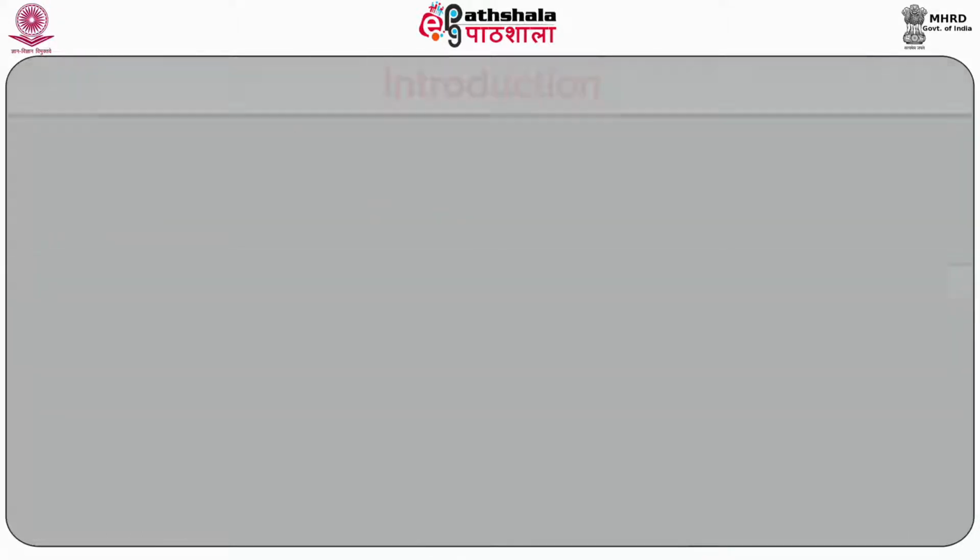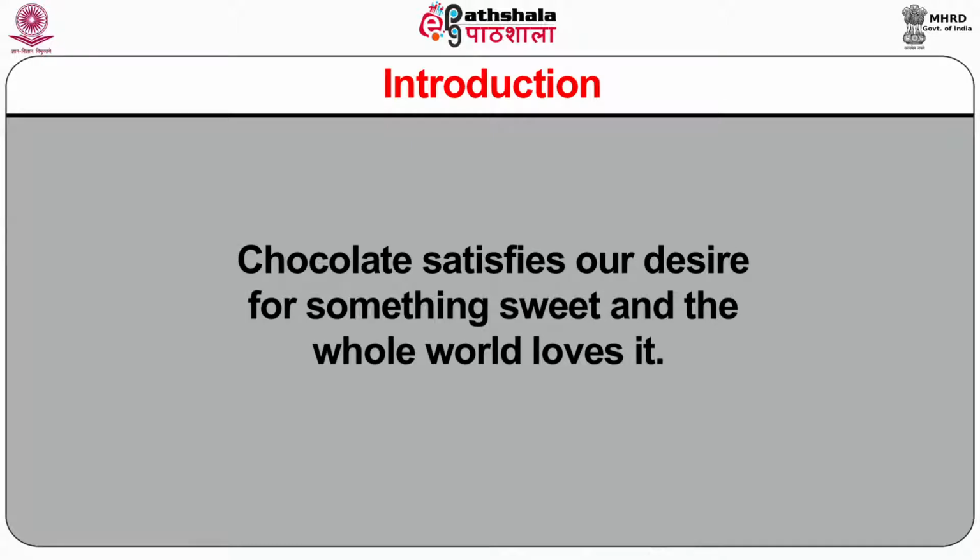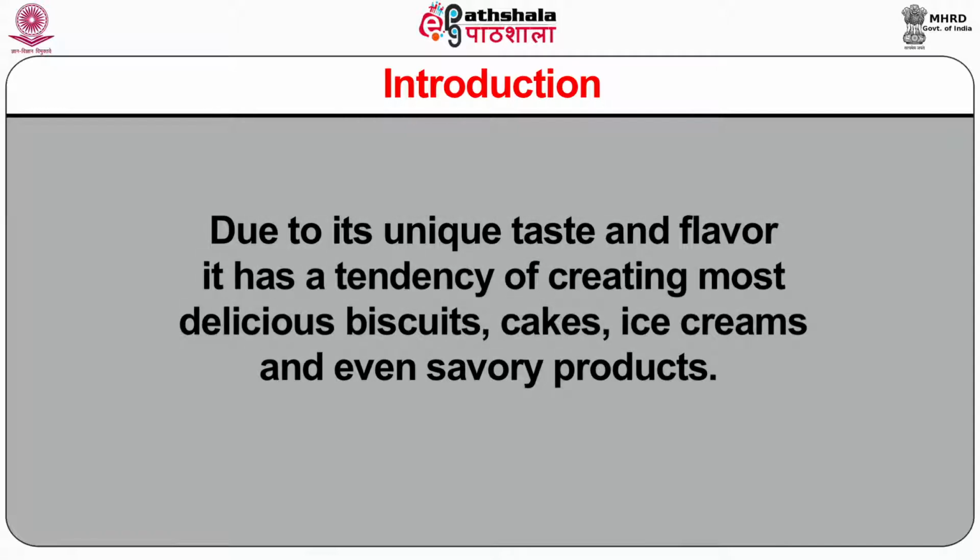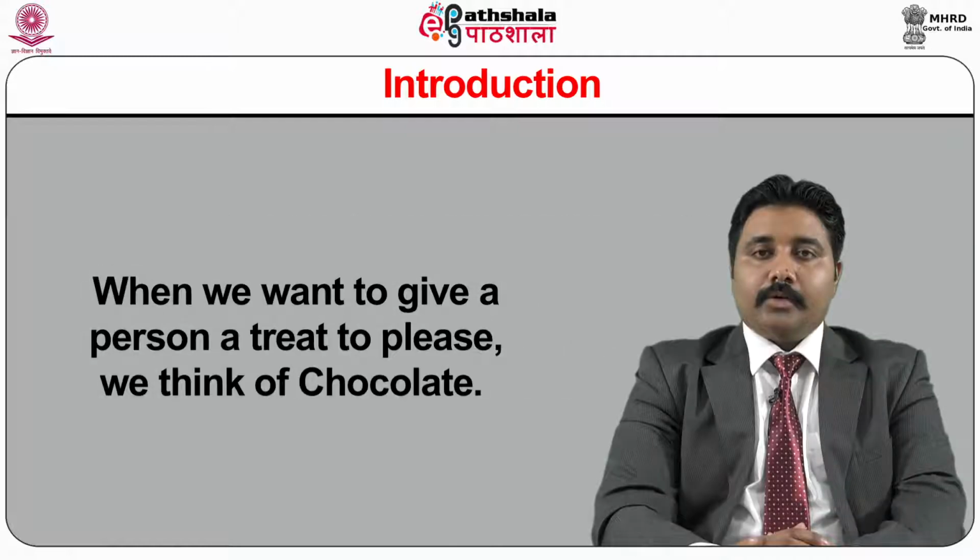Introduction. Chocolate satisfies our desire for something sweet, and the whole world loves it. Due to its unique taste and flavor, it has a tendency of creating most delicious biscuits, cakes, ice creams, and even savory products. When we want to give a person a treat to please, we think of chocolate.